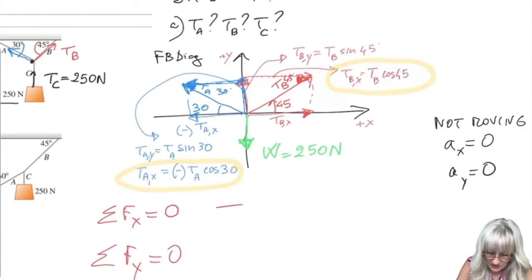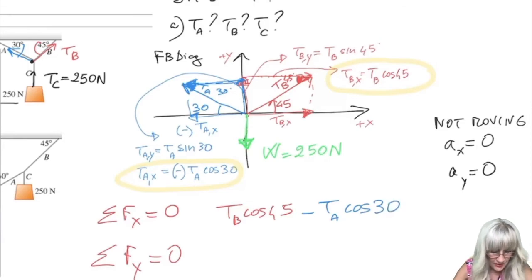So here is T of B cosine of 45 minus T of A cosine of 30 equals 0.